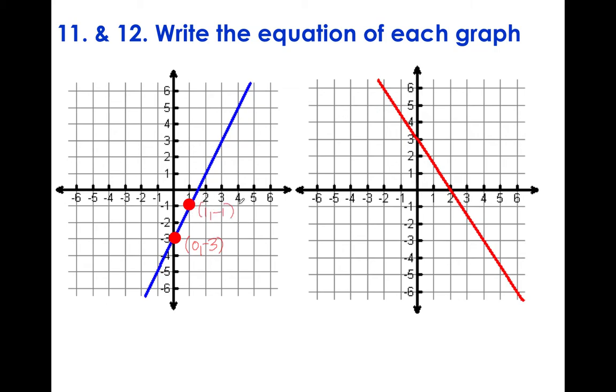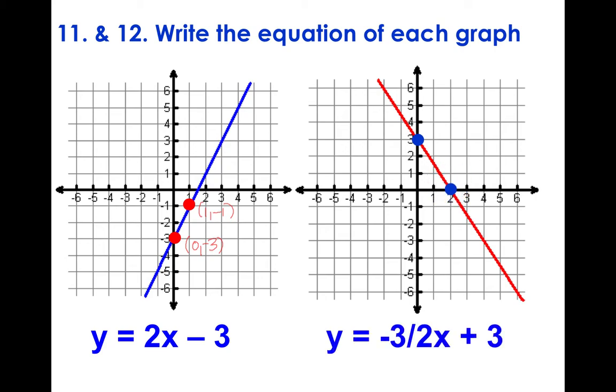Go through the process, and we get y equals 2x minus 3. Same thing on the next one. We find our 2 points, label them, and you get y equals -3 over 2x plus 3.